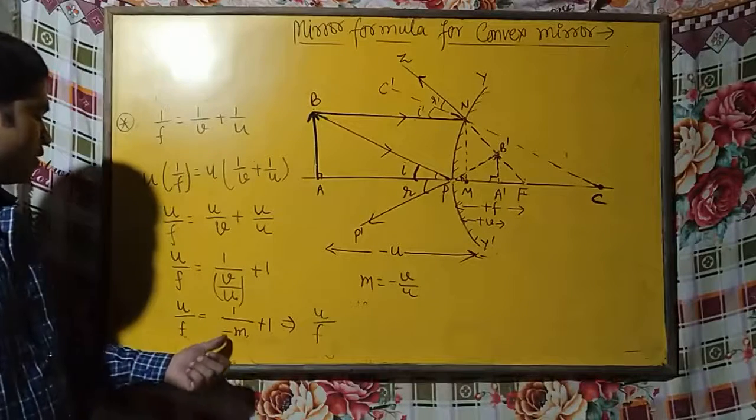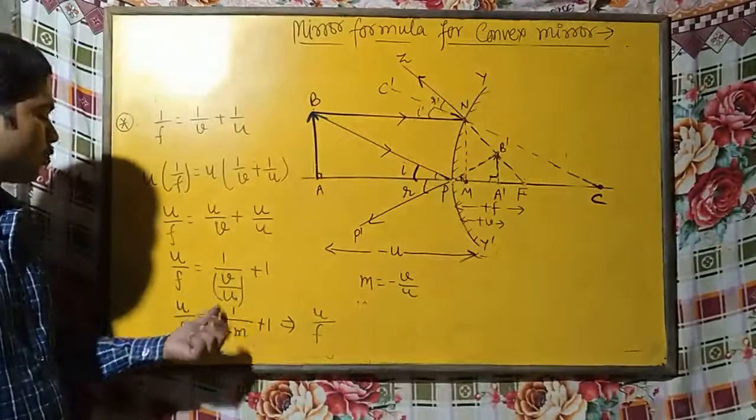So U by F is equal to 1 upon, the value of V upon U is minus M, so it is 1 upon minus M plus 1.